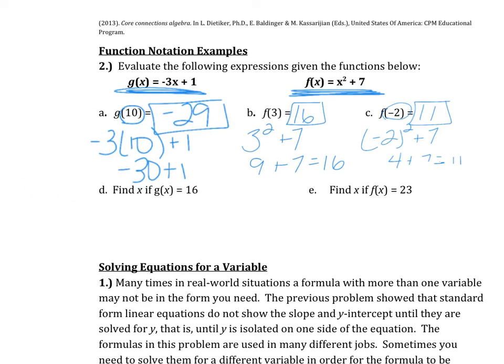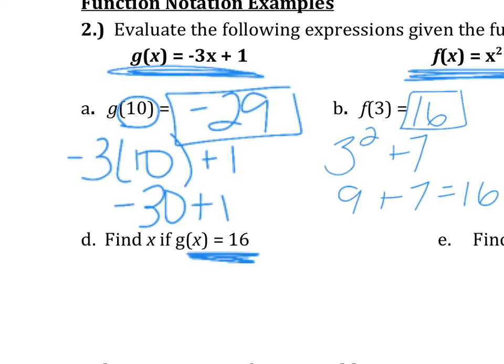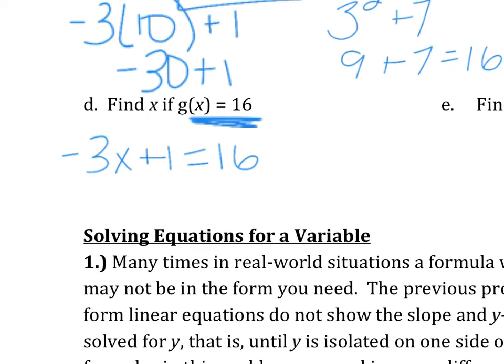Okay. Now, the last two, we are going to find out what are we plugging in to get out 16 and to get out 23. So for letter D, we are using function G. So I'm taking -3x plus 1 equals 16. And I want to figure out, okay, what could I do? What could I multiply by -3 and then add 1 so I get an answer of 16?